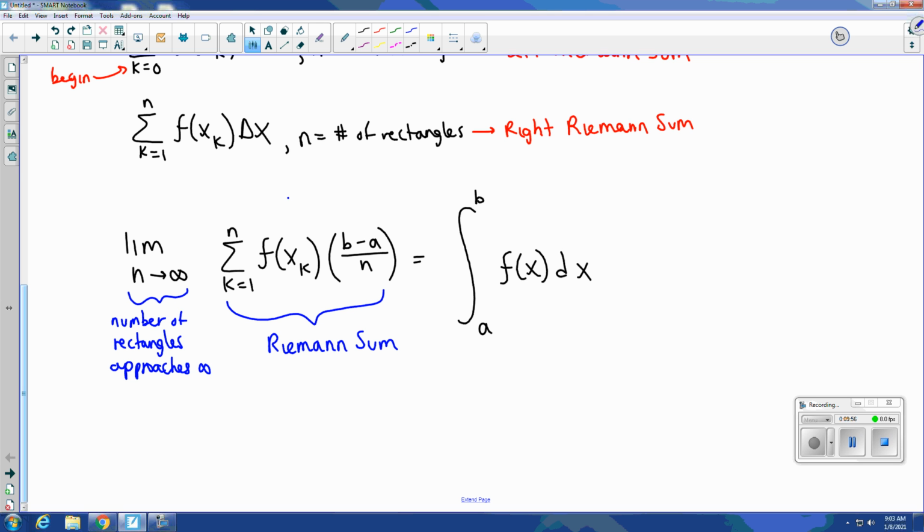We already know that this is our height calculation and this is going to be our base, but the way it's written here is of equal length. So we're taking the full length of the interval and dividing it by the number of rectangles we want to use. This last part is the notation for the definite integral.